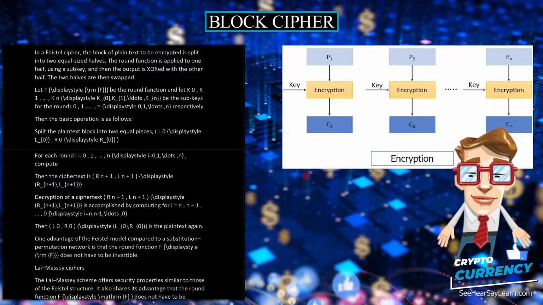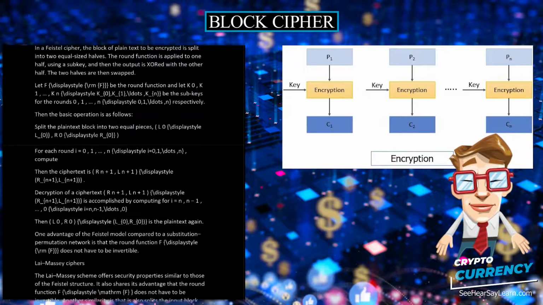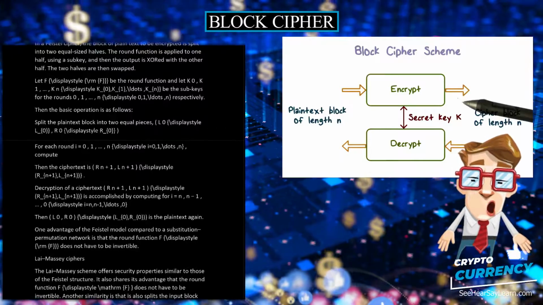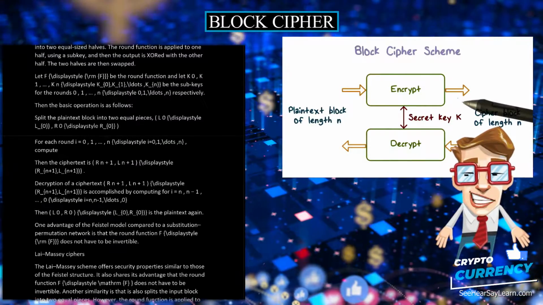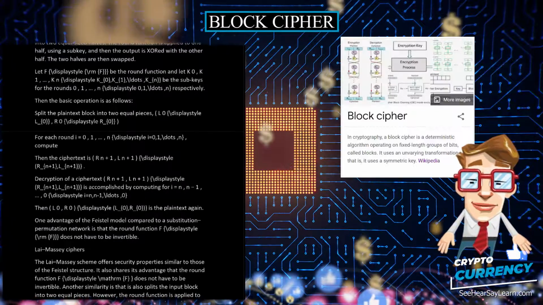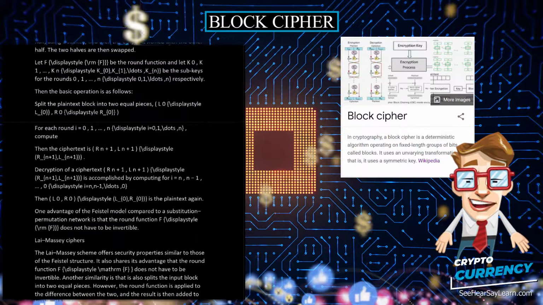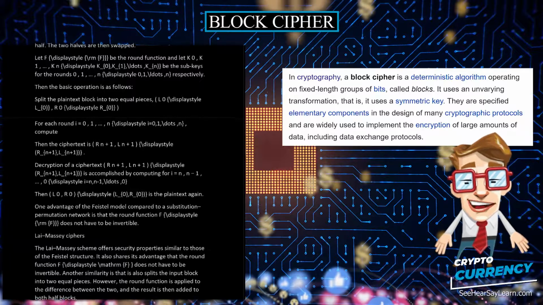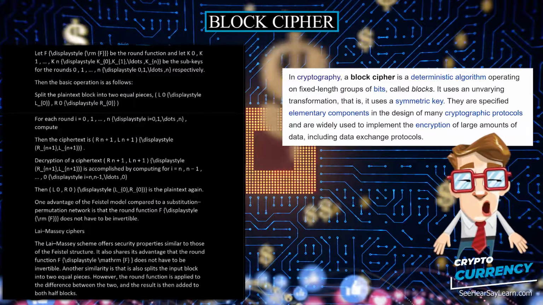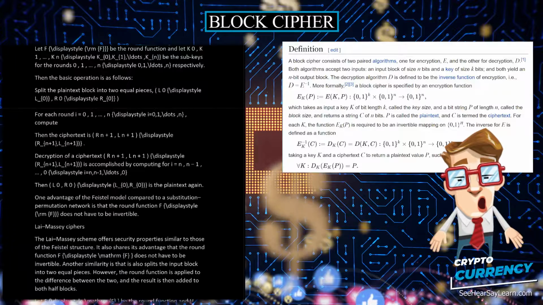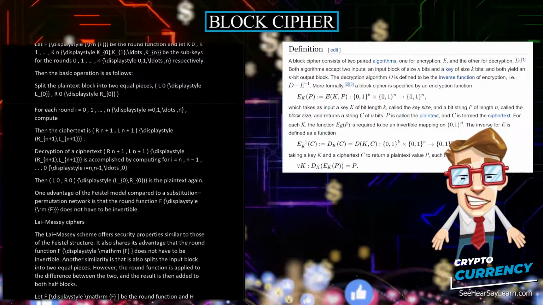Decryption of a ciphertext (R_{n+1}, L_{n+1}) is accomplished by computing for i = n, n-1, \dots, 0.